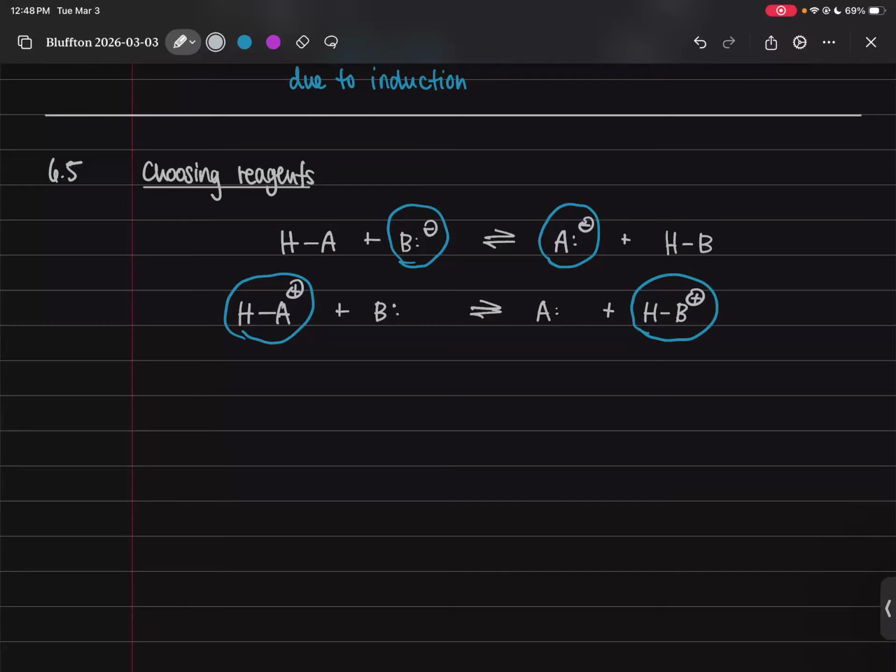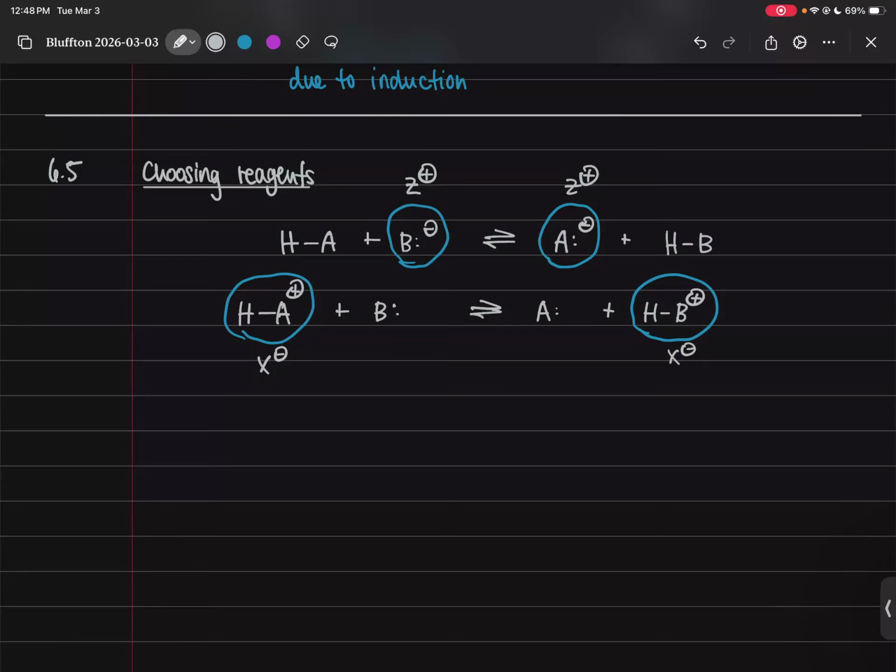Now, it's not unusual for us to write the counter ion, so the ion of opposite charge, because ions always exist as pairs, positive and negative.